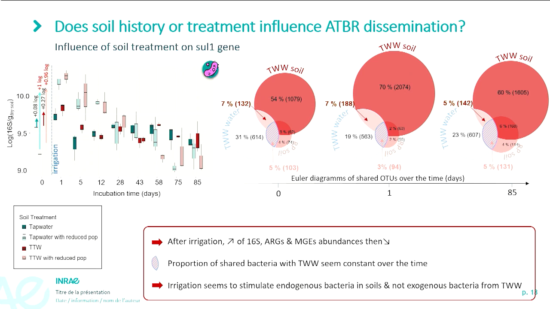And what we could see is that the proportion here of the shared bacteria between treated wastewater and this soil remained quite constant over the time, which means that the increase here of the bacterial abundance which is observed may actually come from the endogenous bacteria that are stimulated by the irrigation, and not from the exogenous bacteria from treated wastewater.